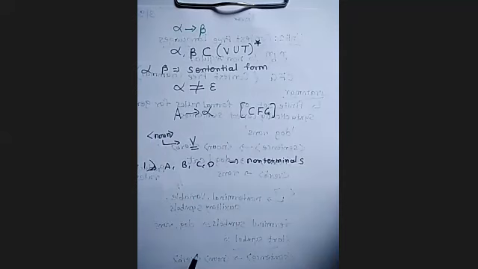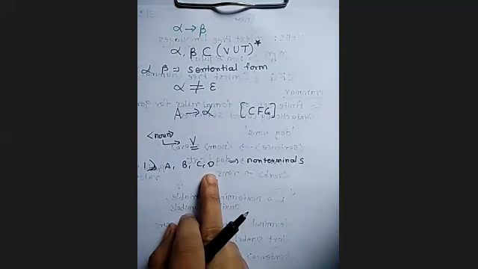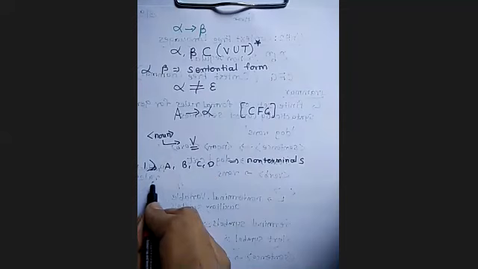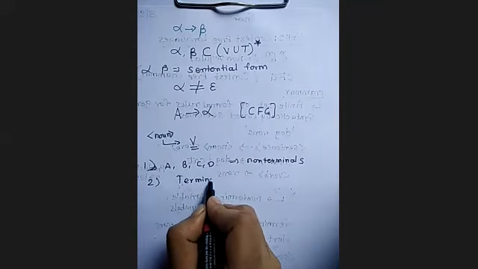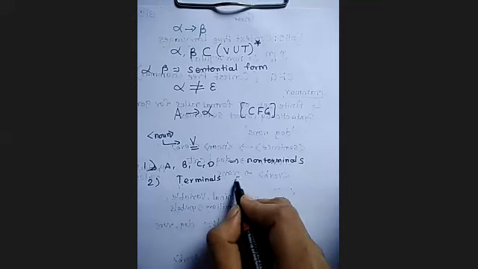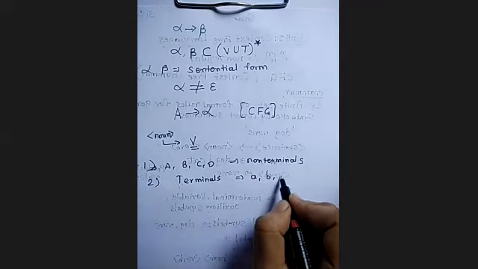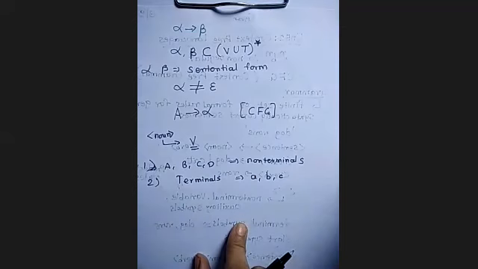So first, notation: non-terminals are denoted by capital letters. Second, terminals are denoted by small case letters a, b, c. In the earlier case, terminals were what? Dog, runs. That was our generalized grammar.